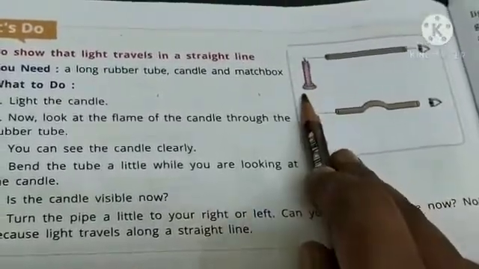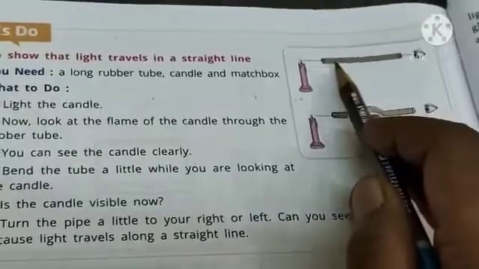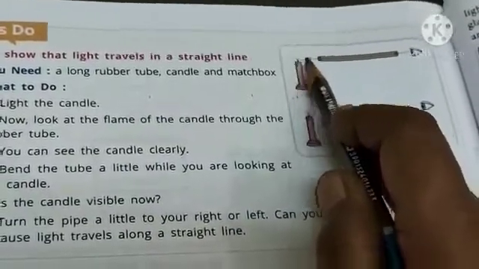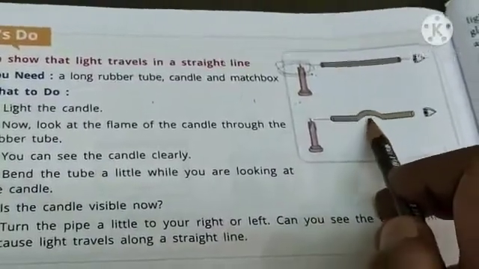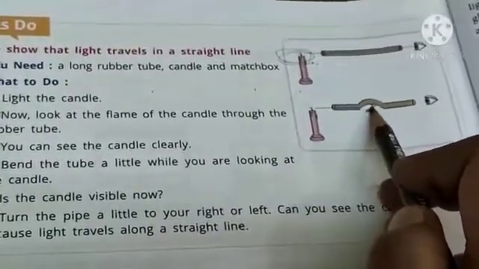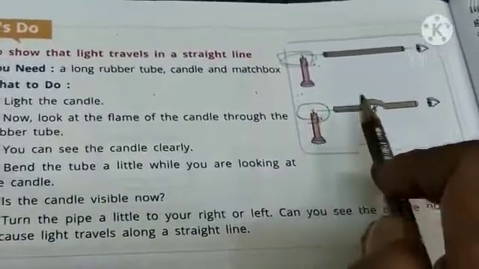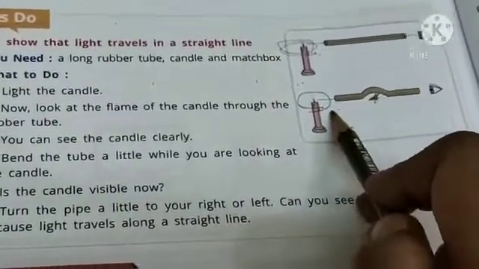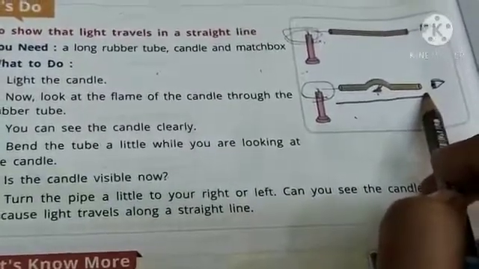First, light the candle, keep the rubber tube straight and look through it. You will be able to see the flame of the candle. But if you bend the rubber tube a little bit, you will not be able to see the flame. This shows that light travels in a straight line.